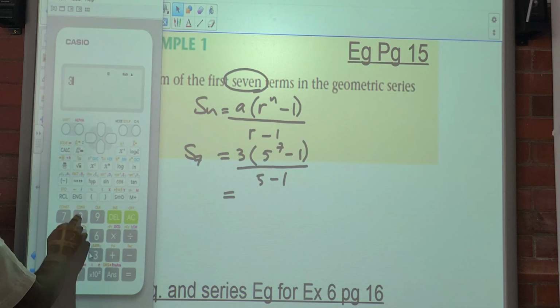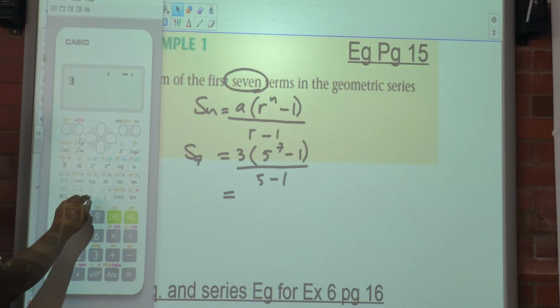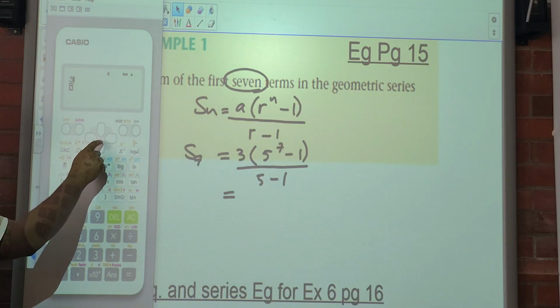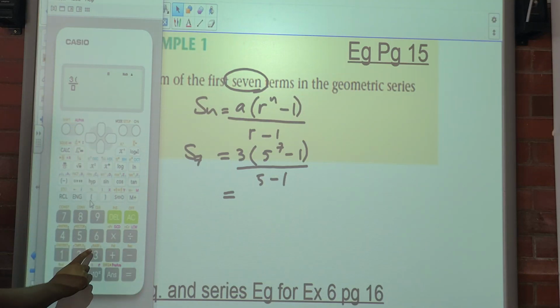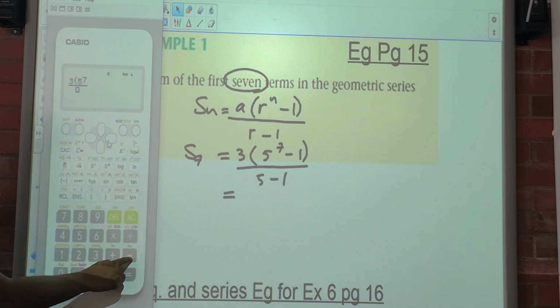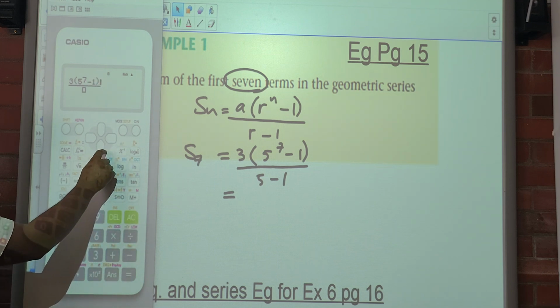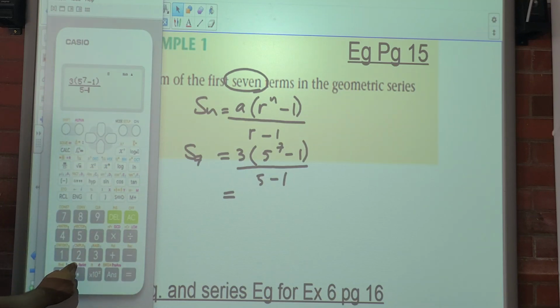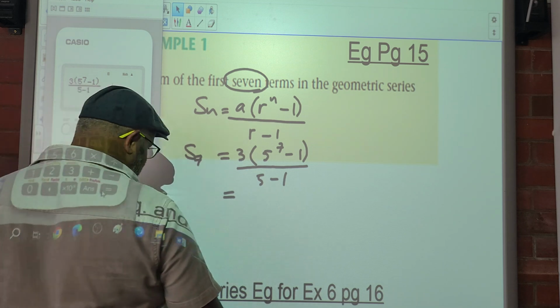So it will be 5 to the exponent 7 minus 1 over 5 minus 1. What's 5 minus 1? You have an answer? 58,593.